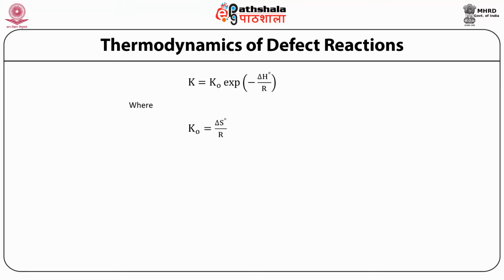Alternatively, we can write d natural log K divided by d of 1 by T is equal to minus delta H naught by R, and this is valid for dilute solutions.